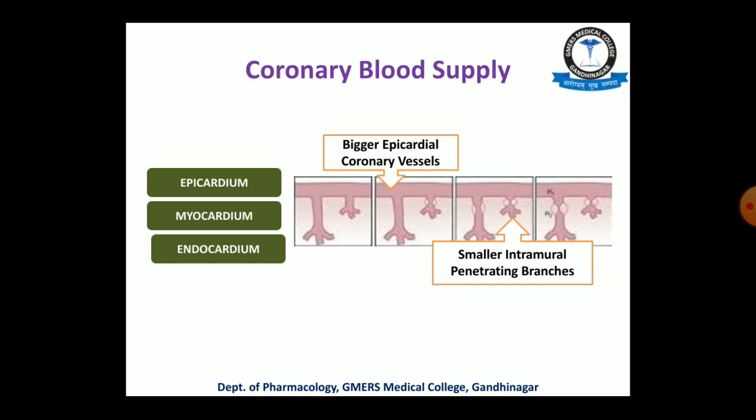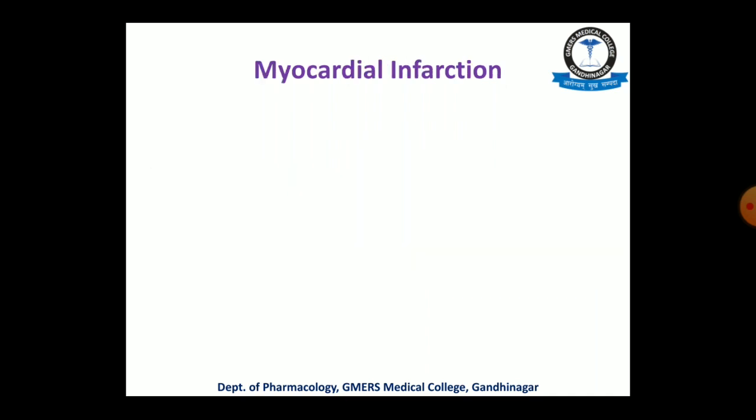This is known as a subendocardial crunch. So whenever the end diastolic volume increases, the end diastolic pressure increases, the ventricular wall tension increases, and because of this a subendocardial crunch occurs. It will be helpful for the understanding of the later aspects of this lecture.